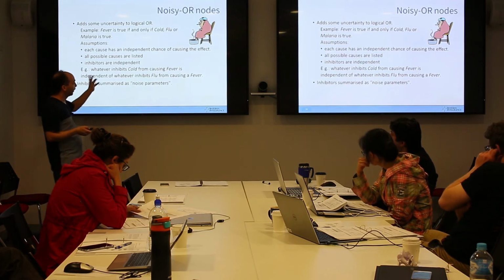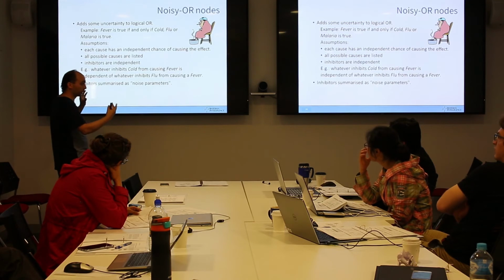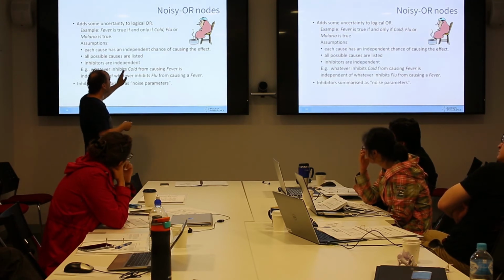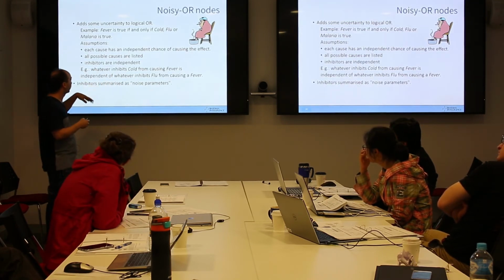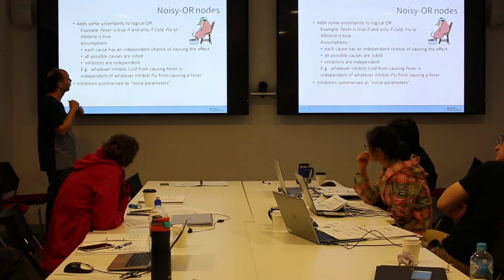Okay, and you're making certain assumptions, lots of assumptions, but modeling in some sense is a lot of assumptions. So you've got various things that cause fever, say cold, flu, whatever else.